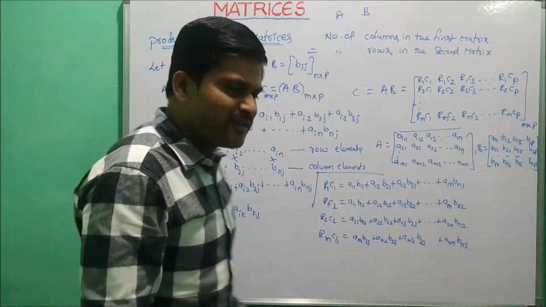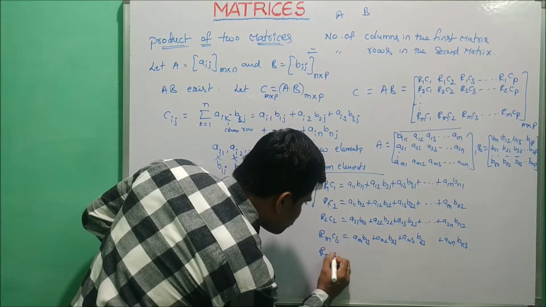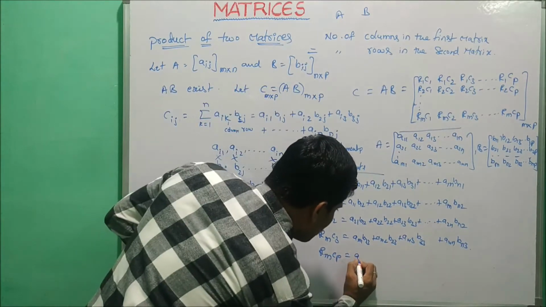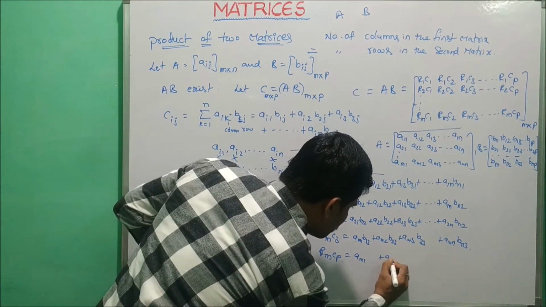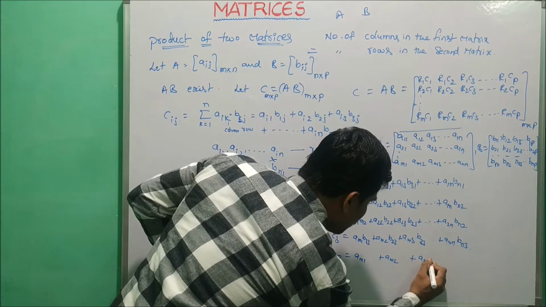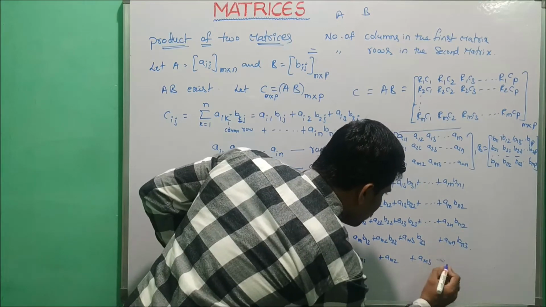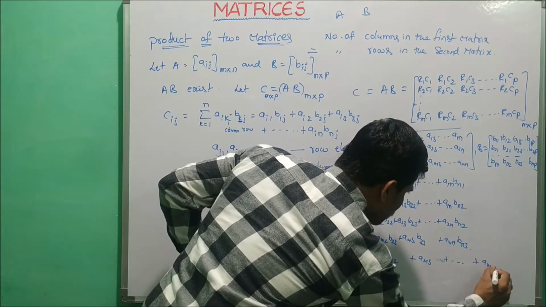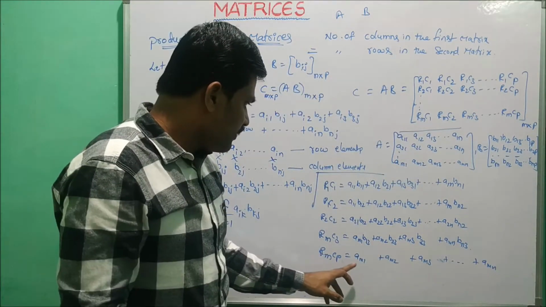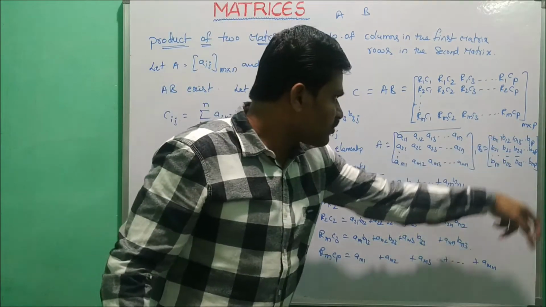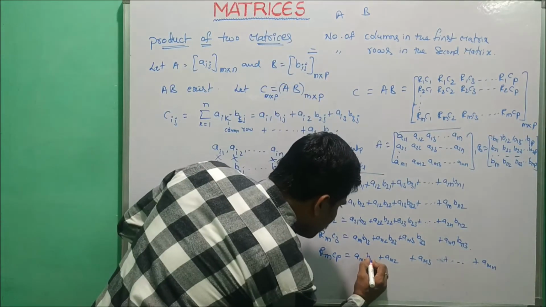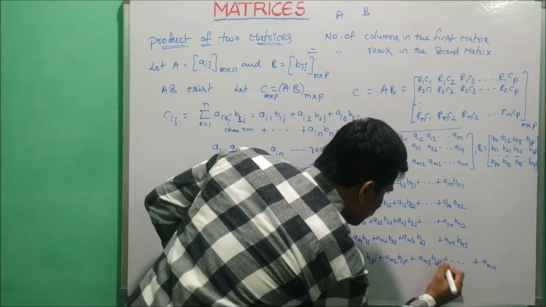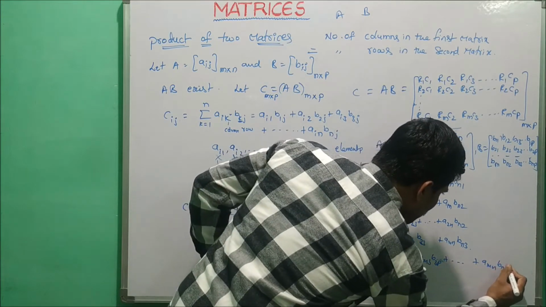Now we have to write the last element, RmCp. First we take mth row: Am1, Am2, Am3 and so on, Amn. Now we have to write beside it the last column, B1p, B2p, B3p and so on, Bnp.